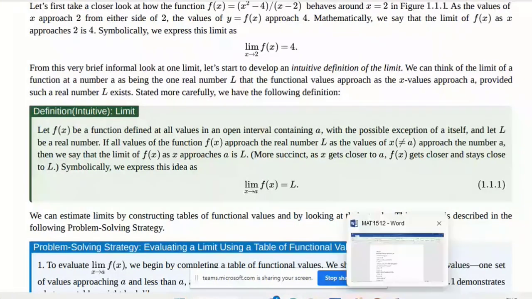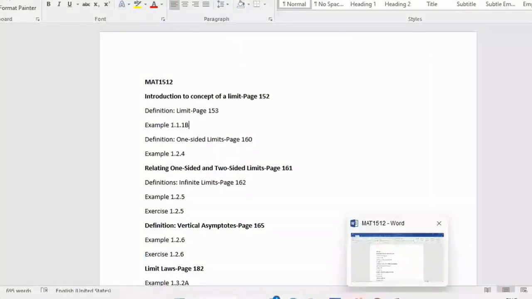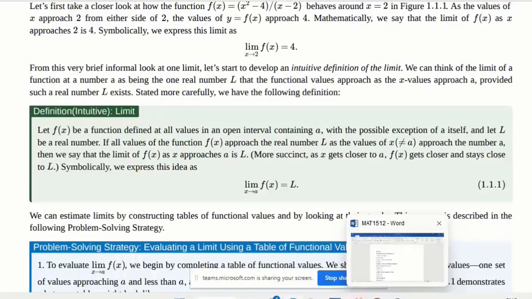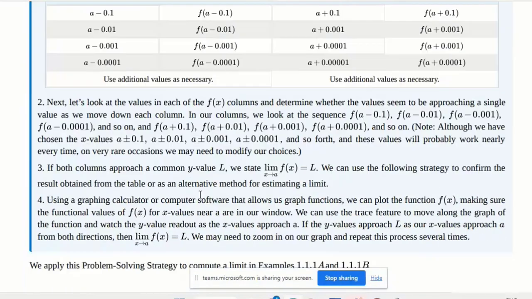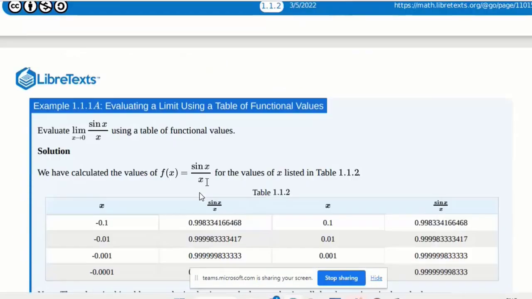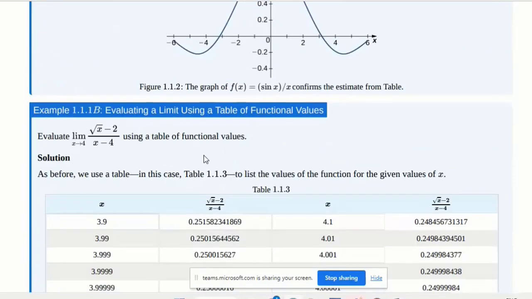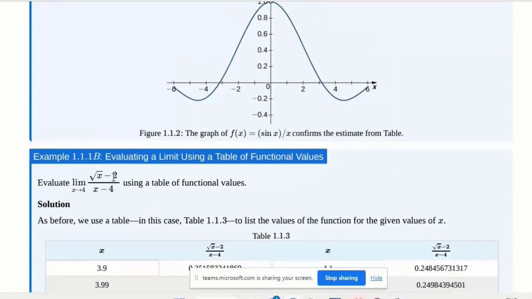Now, let's look at example 1B. Evaluating a limit using a table of functional values.